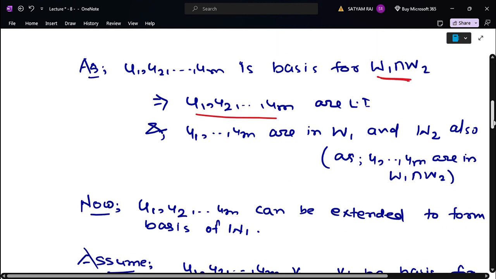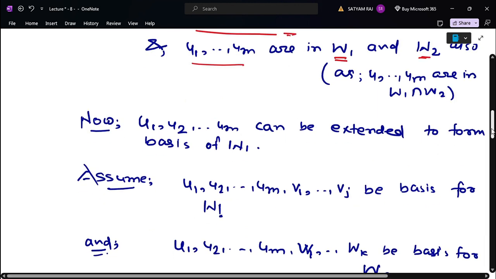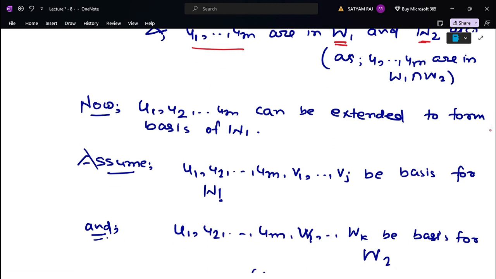Since u1, u2, ..., um are in the intersection, they will be in W1 also and in W2 also, and it is linearly independent. So u1, u2, ..., um is linearly independent and contained in W1.